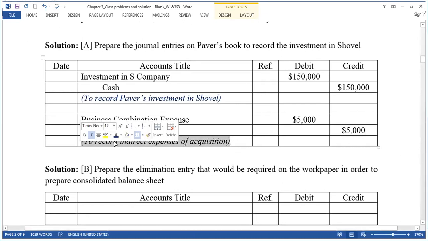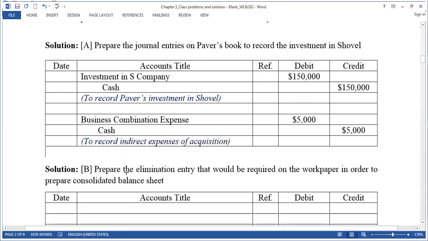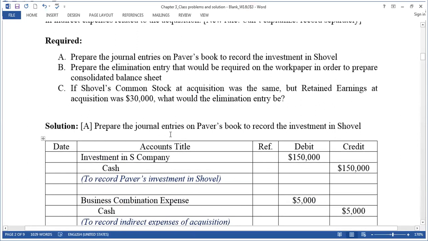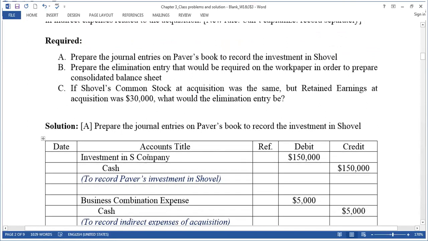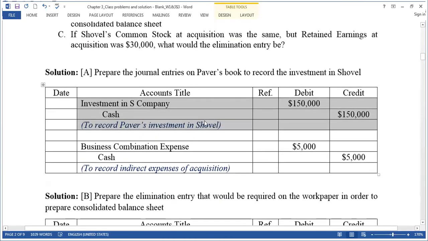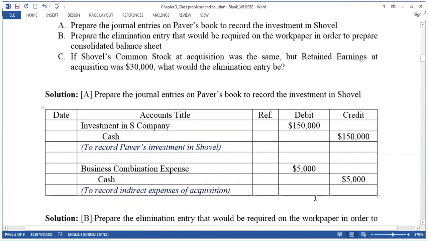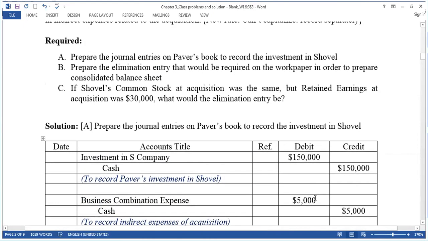So this is the requirement for A. A said to record journal entries on the parent company's books for this investment in subsidiary company. So we have two components here. We invest our cash to acquire 100% of the subsidiary company. And in order to acquire the other company, we have some additional expense, right? This additional expense we now record separately. This is requirement A.